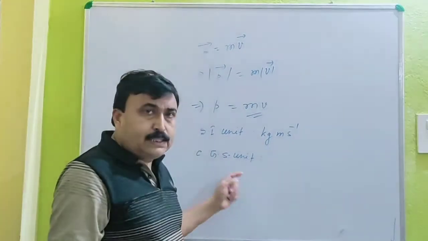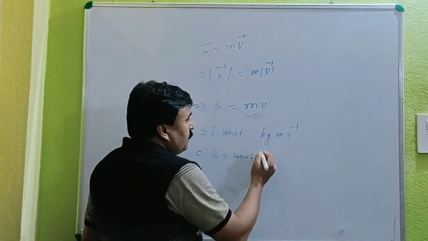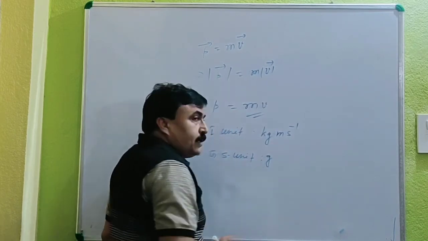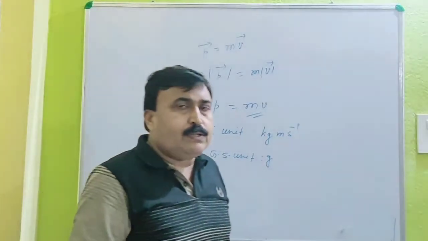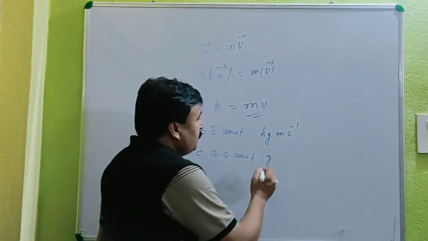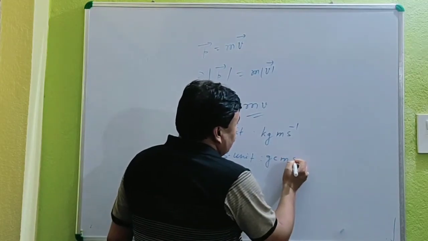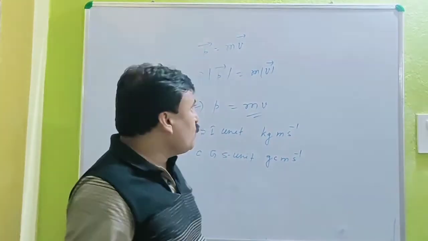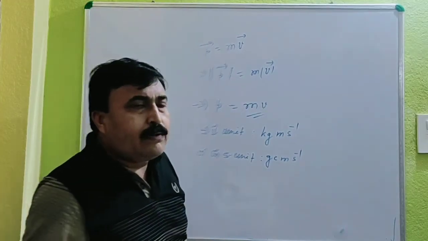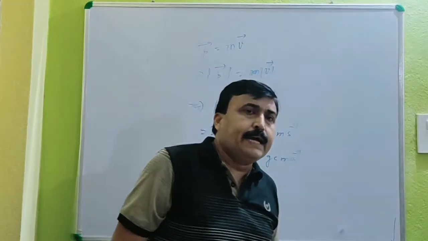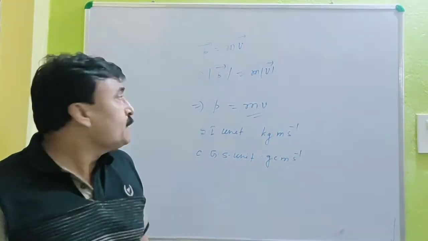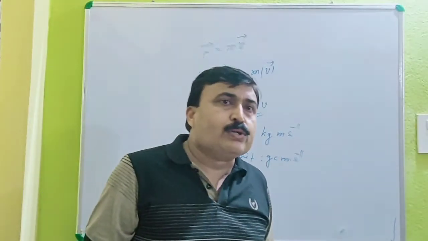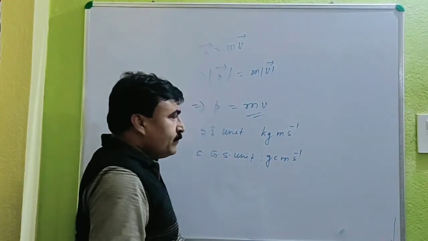And in the CGS system, the unit of mass is gram and the unit of velocity is centimeter per second. So from this discussion we can define that the product of mass and velocity of the body is called linear momentum.